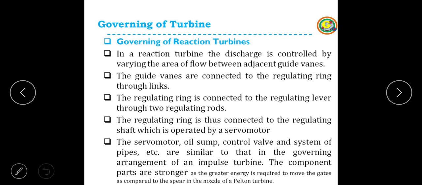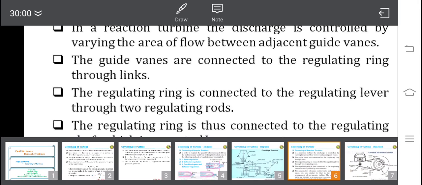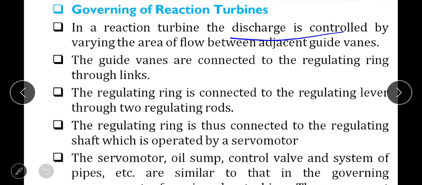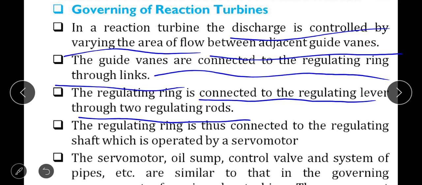Governing of reaction turbines. In a reaction turbine, the discharge is controlled by varying the area of flow between the adjacent guide vanes. The guide vanes are connected to the regulating ring through links. The regulating ring is connected to the regulating lever through two regulating rods.